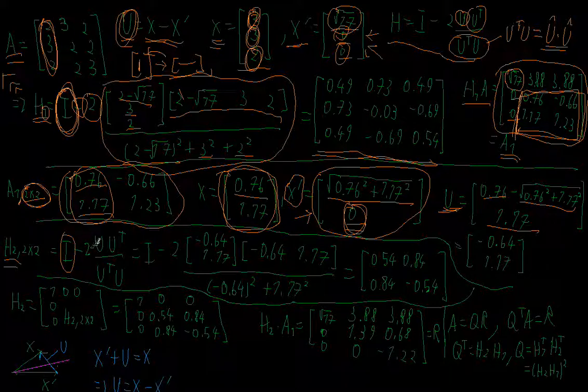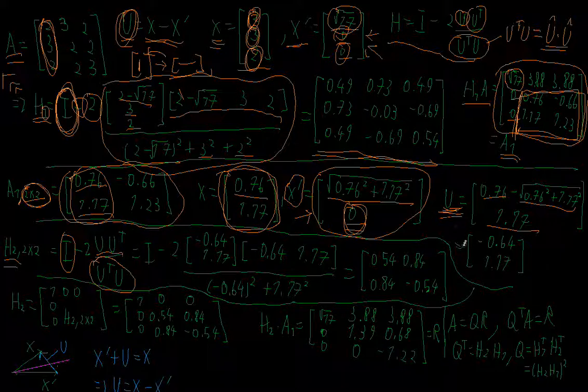in 2 dimensions, a 2 by 2 identity matrix, minus 2 times this vector u, u transpose over u transpose u. Again, this u transpose u in the denominator is simply the dot product. And this u u transpose is simply a matrix multiplication with the vector u and its transpose.